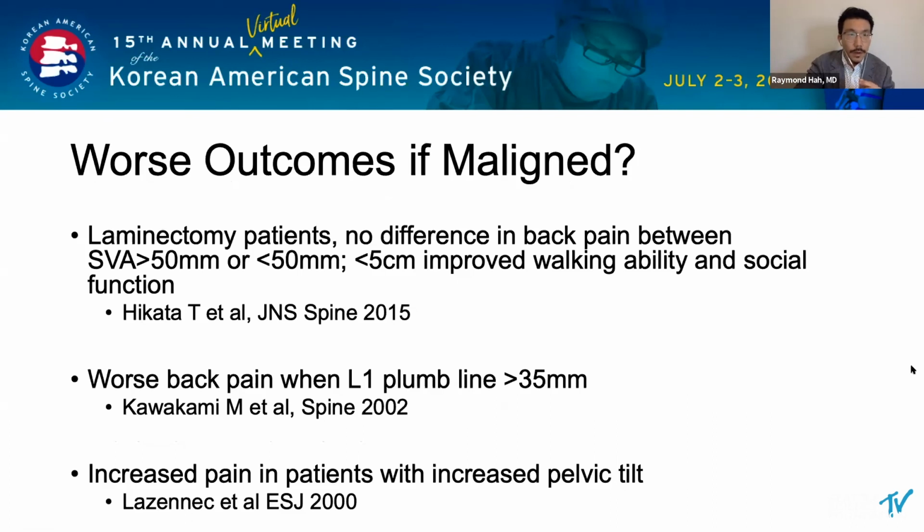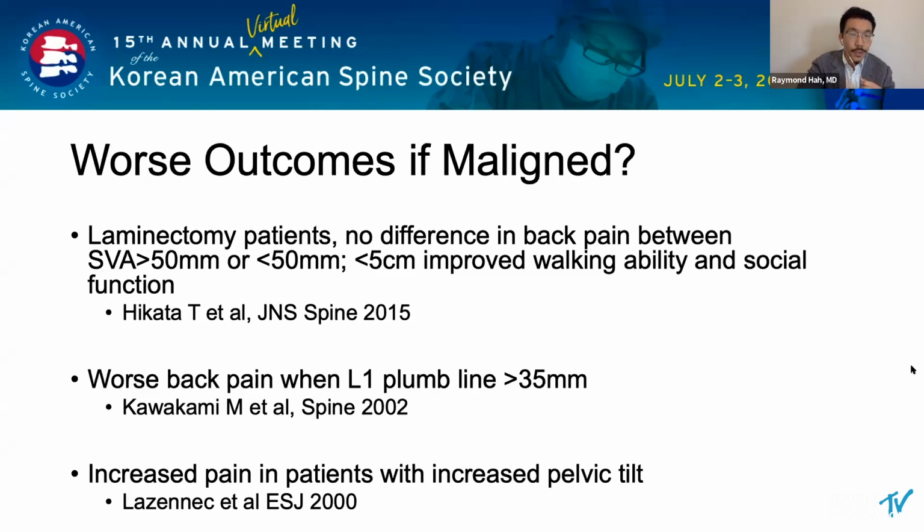So what about if we leave people malaligned? Are there worse outcomes? I think that the literature really is a little bit contradictory. There's definitely some controversy. In laminectomy patients, this series showed that there was no difference in back pain when patients were malaligned, although if you had better alignment, they had improved walking ability and social function.